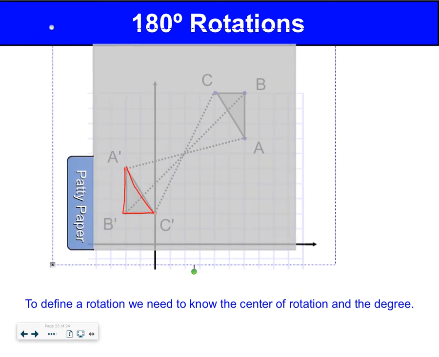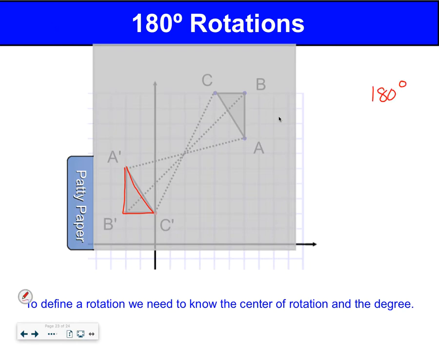But that would be 180 degrees, okay? And so we're able to see that we did 180 degrees, and we did that 180 degrees in a counterclockwise direction, which is why the 180 degrees is, in fact, a positive 180 degrees.